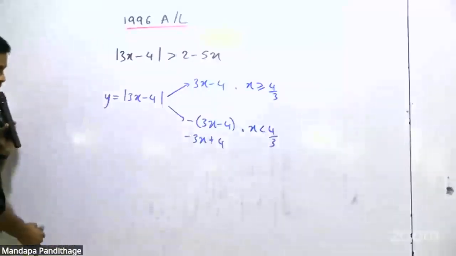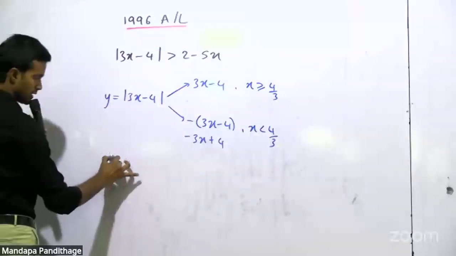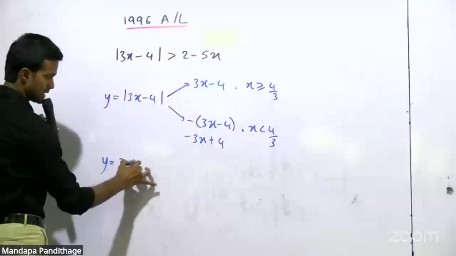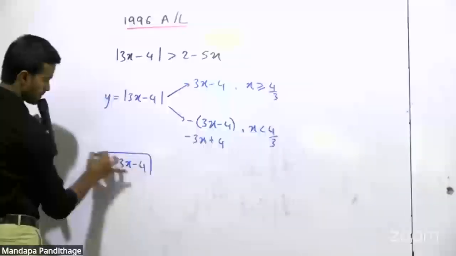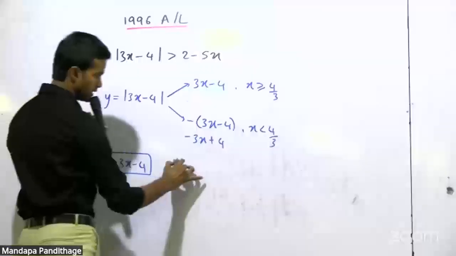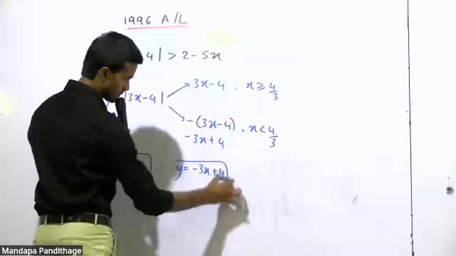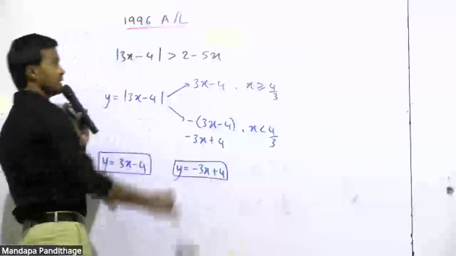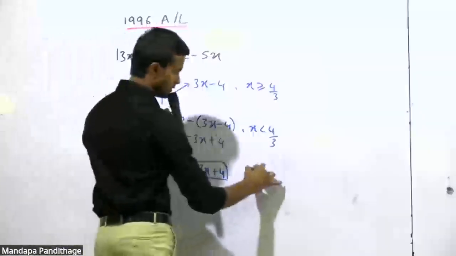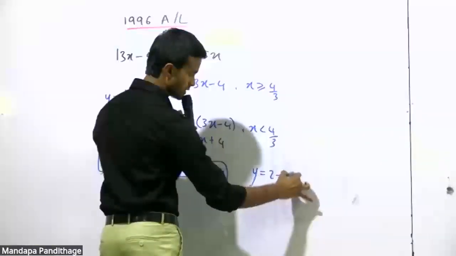What are the straight lines that you have to sketch there? y equals 3x minus 4, and the other one is y equals minus 3x plus 4. Then we also have to sketch the graph of y equals 2 minus 5x.